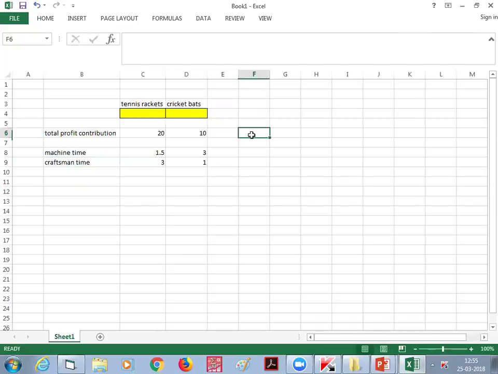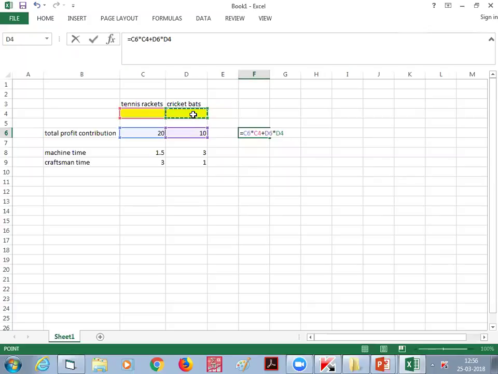Now I'm going to create the objective function for the linear program. So what do I want? I want 20 into x1 plus 10 into x2. A simple way of doing that is just multiplying this by this particular cell plus this multiplied by that particular cell.